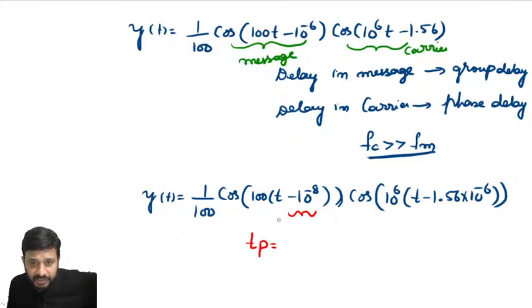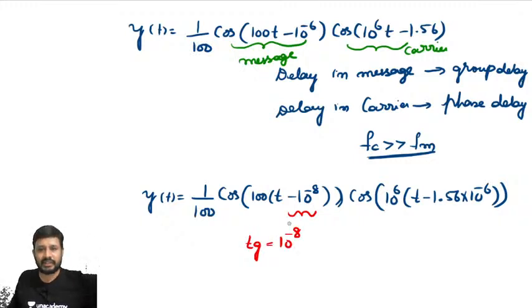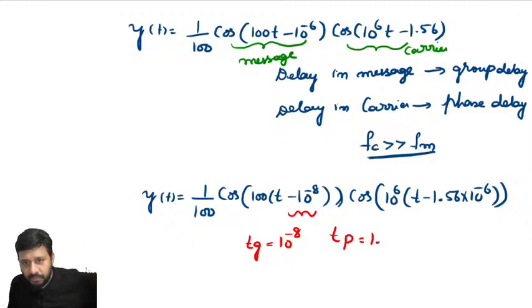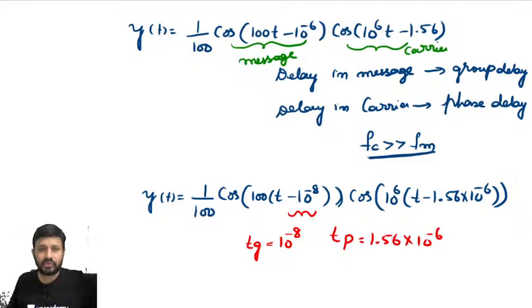Now this one is your message signal, so I'll get group delay here. What is your group delay? 10 power minus 8 seconds. And what is your phase delay? 1.56 into 10 power minus 6. Now choose which option will match.